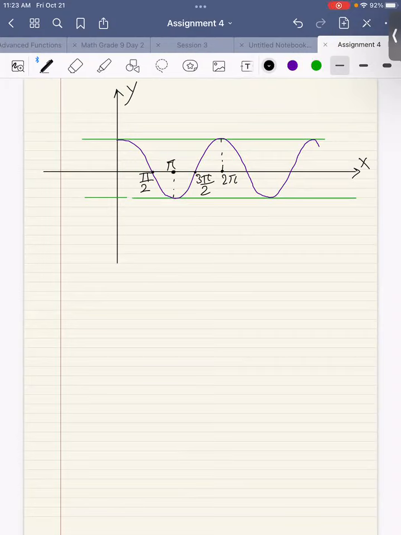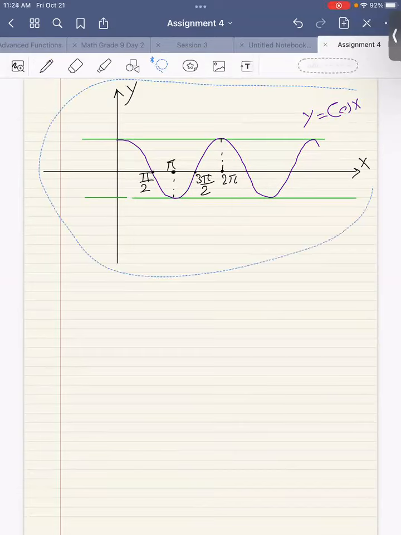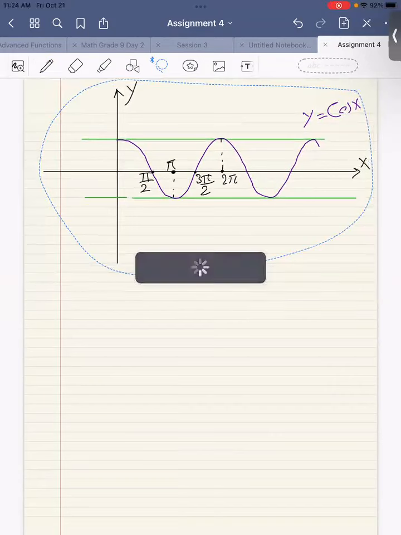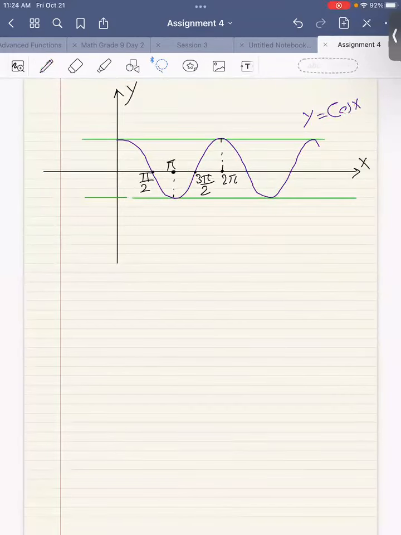Okay, and so on. But this is y equal to cosine of x. What if you have cosine of pi over 4 times x? I just copy this and modify it a little bit. It's not a big change.